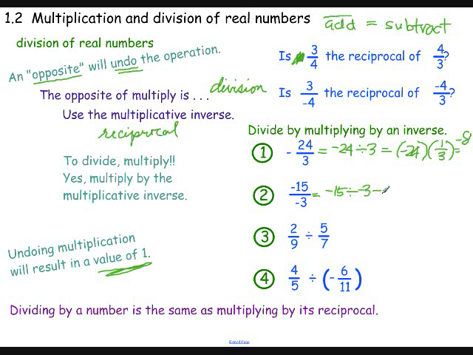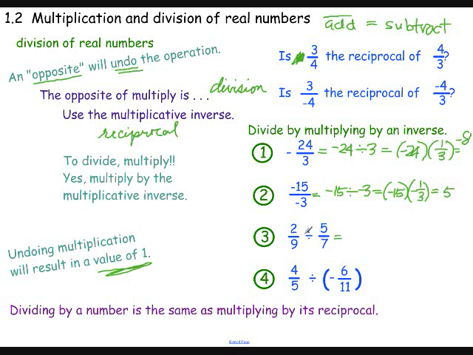That's the same as -15 multiplied by the reciprocal of -3, which would be -1/3. Two negatives multiplied together will be positive, and 15 times 1/3 will give us, that's right, a 5.